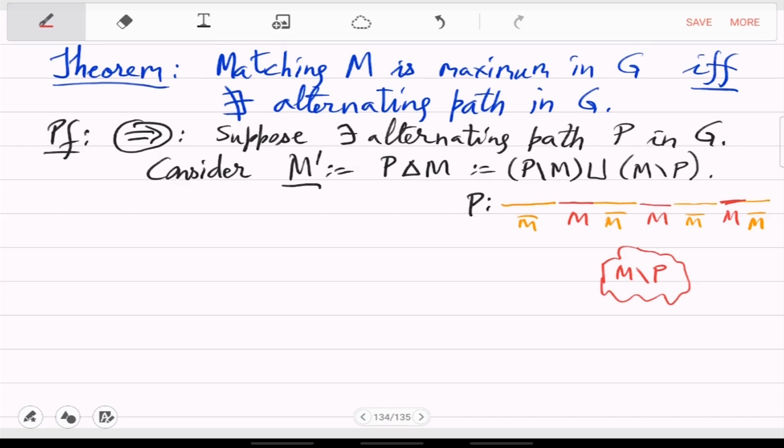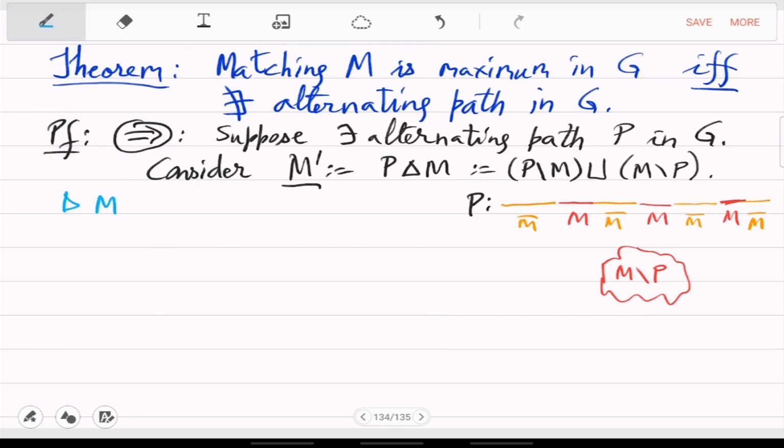And you can see that we have not added any overlapping edges, because if 2 edges overlap, that would contradict the property of M being a matching. Is that clear?